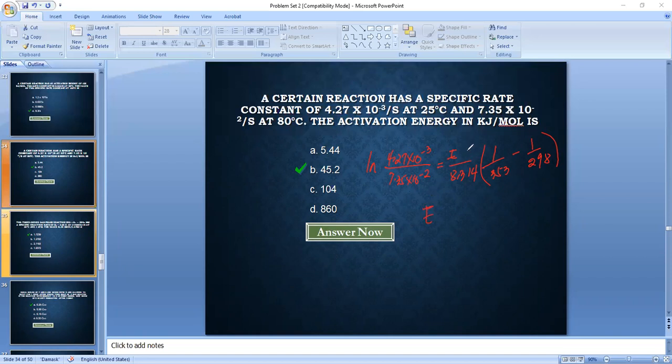Your answer there might be around 45,000 because this is already in kilojoule per mole. Okay, so please check if you'll be getting the same answer as the one that is checked. Did you get it? Activation energy.